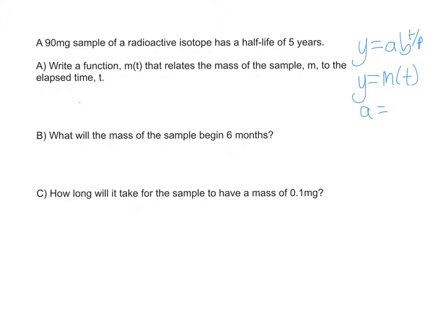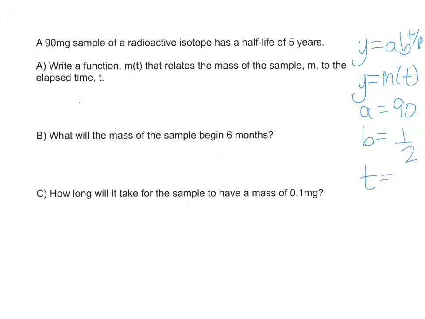What's a? 90, it's the initial amount. What's b? b is the decay rate, so it would be 1/2. It's going down to half its size.